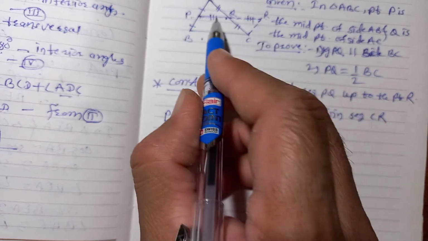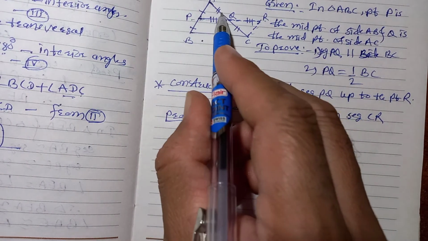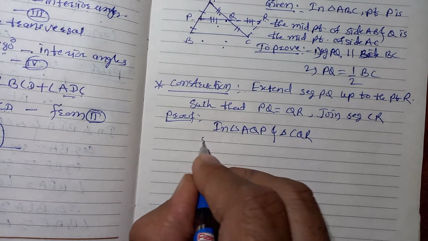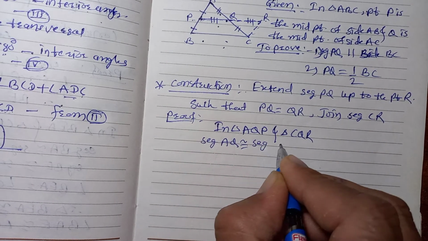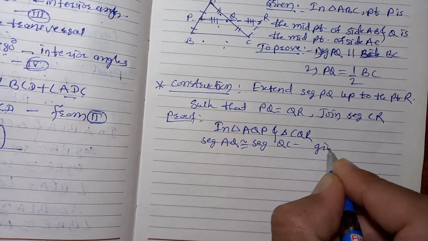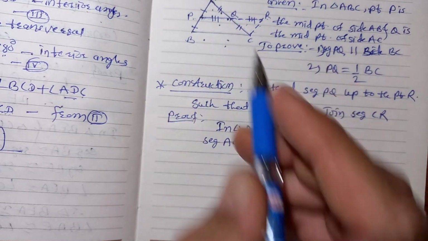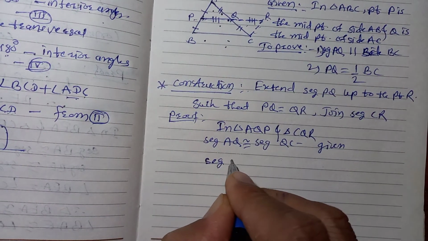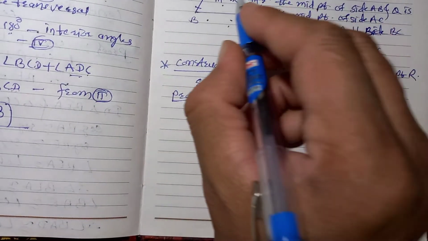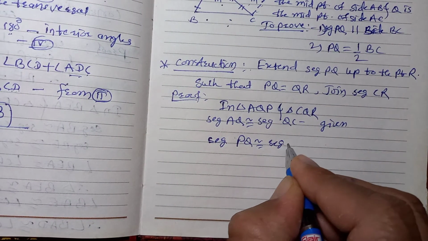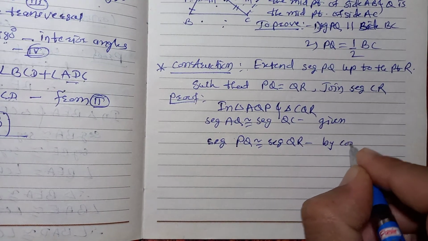What is congruent? See here. This part and this part and this part is congruent. Segment AQ is congruent to segment QC. It is given na? In this two triangle. See, this is same symbol, so congruent. Then segment PQ is congruent to segment QR. Here what is the reason? By construction.